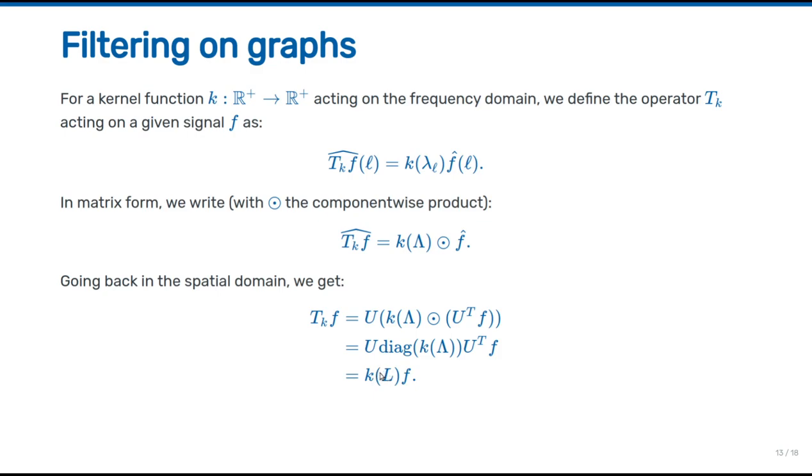For a polynomial, these two expressions are exactly the same, as you already learned when you are dealing with polynomials of matrices. So this T_k of f is the convolution of my signal f on my graph corresponding to a kernel function k, which is general.